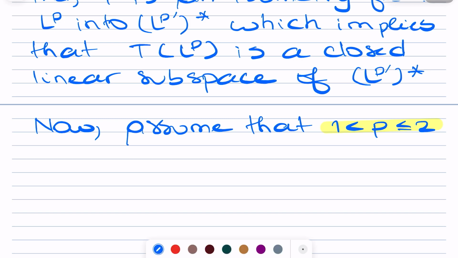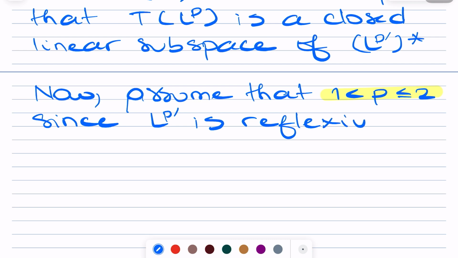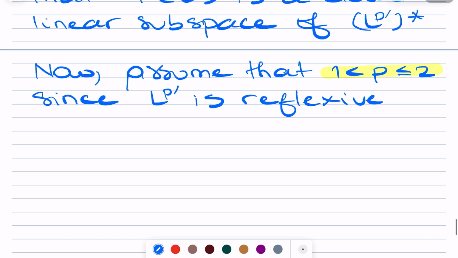Okay, so since L^p' is reflexive, this is by step 2. Because if p is between 1 and 2, then we are sure that the conjugate exponent of p, which is p', is beyond 2.